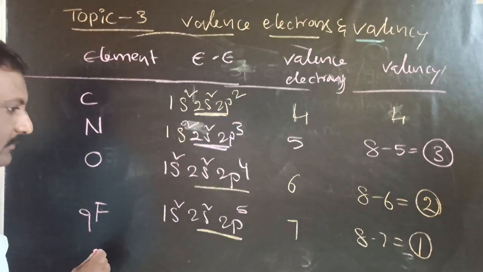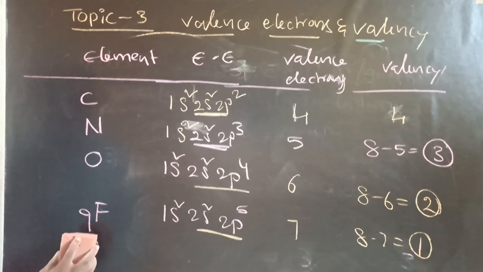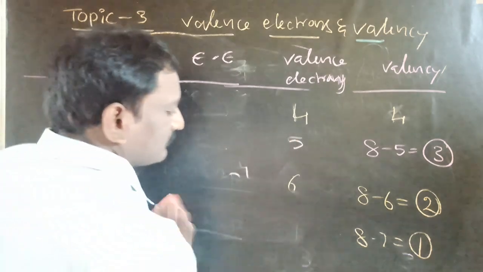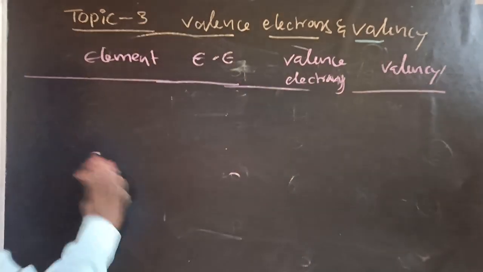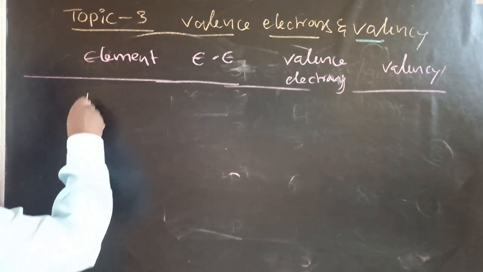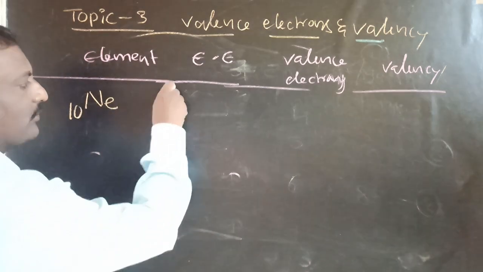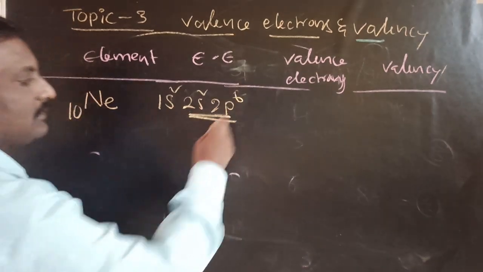Neon I will write here. Please make a note of it. Neon, atomic number 10, electronic configuration 1s2, 2s2, 2p6.